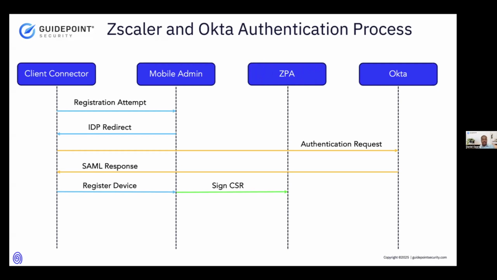The ZPA would verify that the SAML assertion response meets the criteria set by it, and then it grants authorization. It will also sign the CSR certificate, which would in turn establish a secure tunnel connection via TLS between the client connector and ZPA.